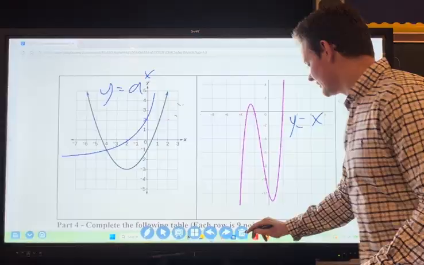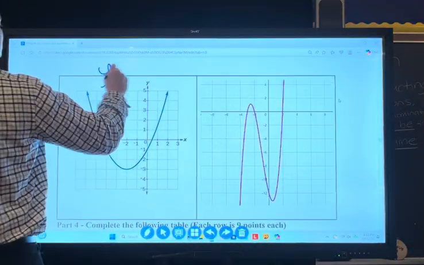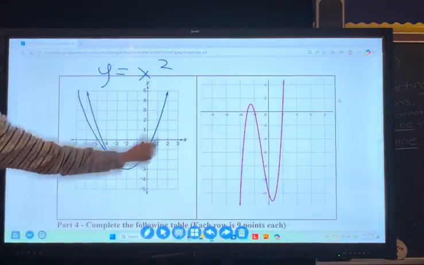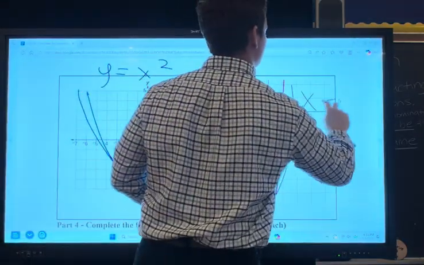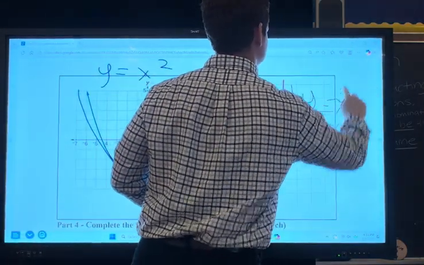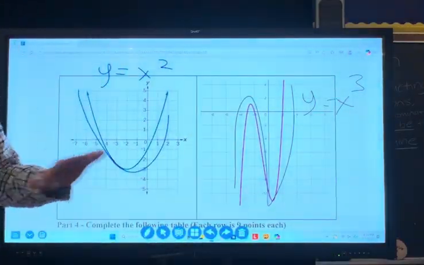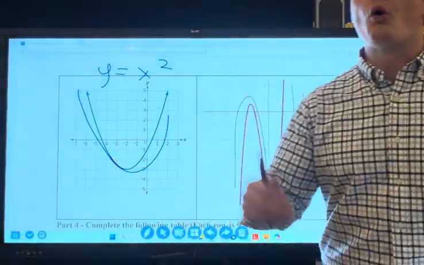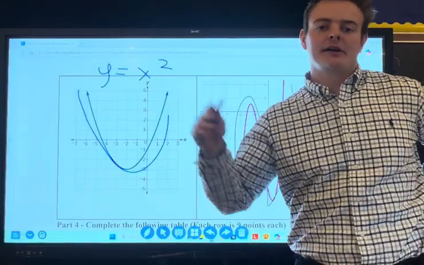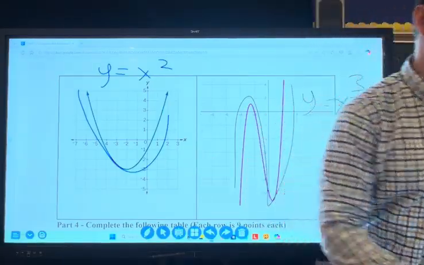This one here is a parabola, so it's y equals x squared. Looks like my u. This here is my spaghetti, y equals x cubed. Nothing crazy there, just memorize what those 6 functions look like, or be able to graph them in your calculator if you need a reference during the test.